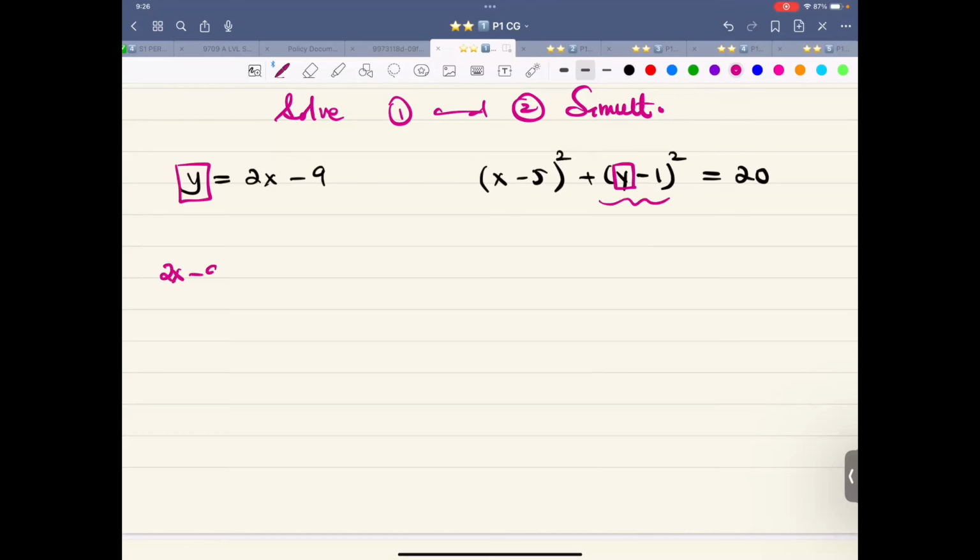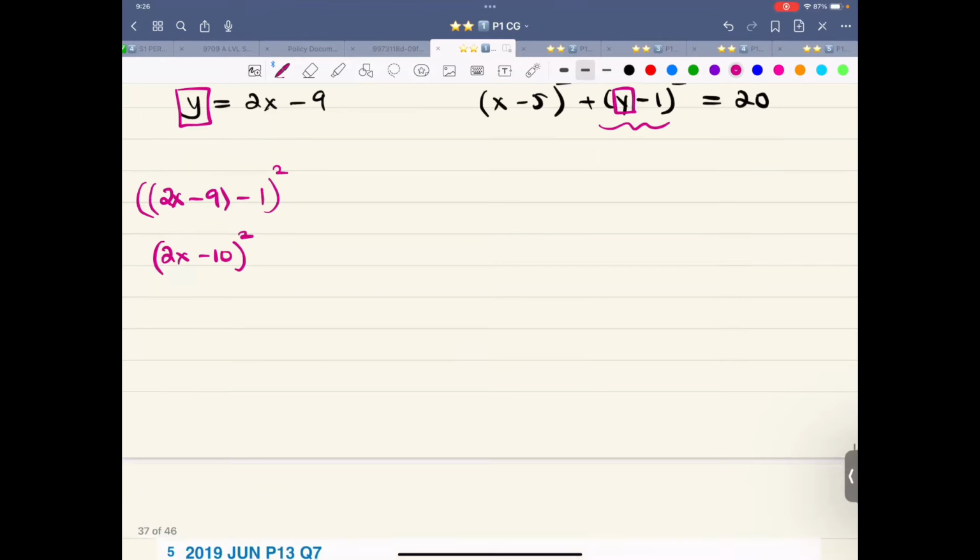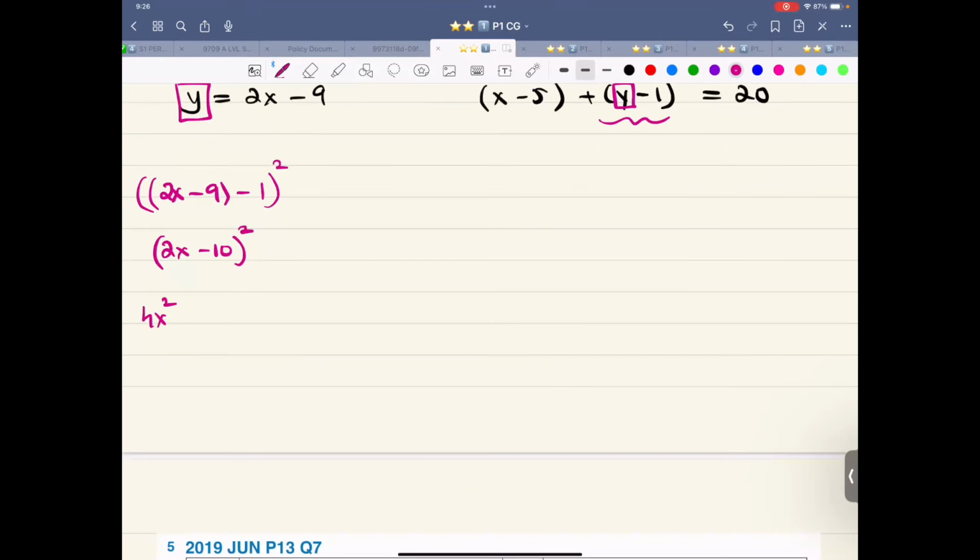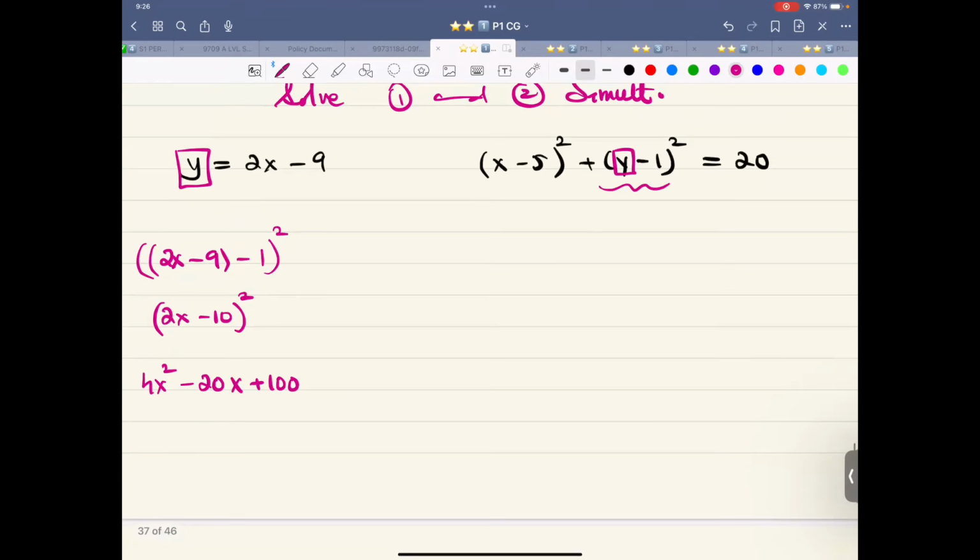So 2x minus 9, this is y, minus 1 whole square. This is (2x minus 10) whole square. This is 4x square minus 20x plus 100. And then we have x square minus 10x plus 25, minus 20 equals 0.